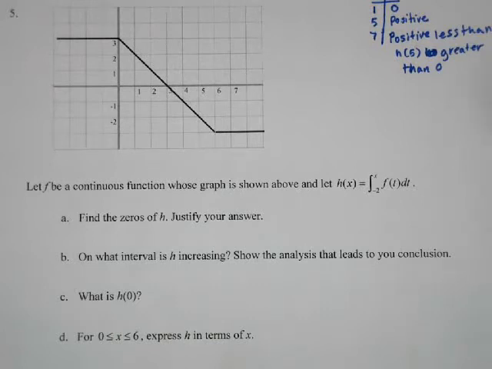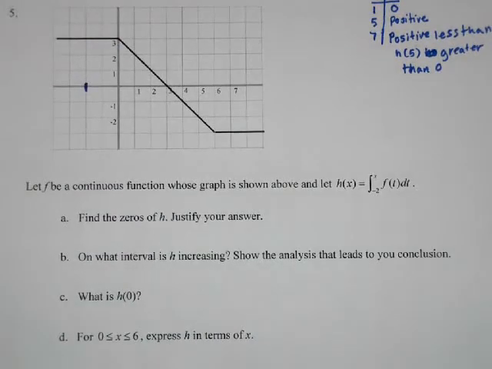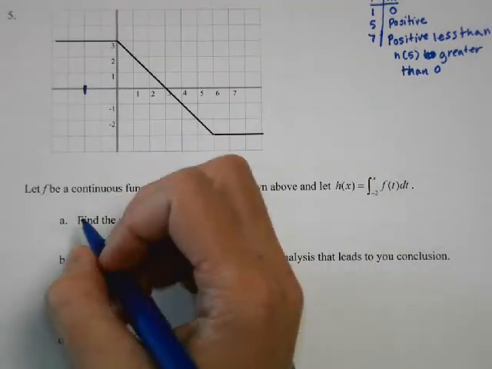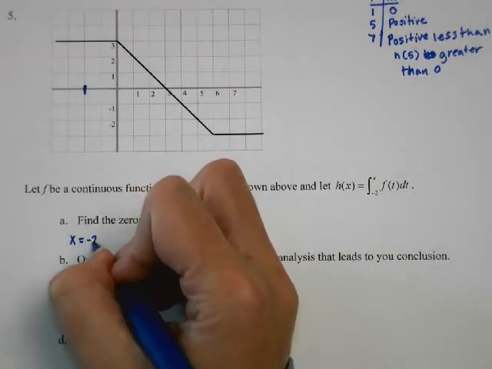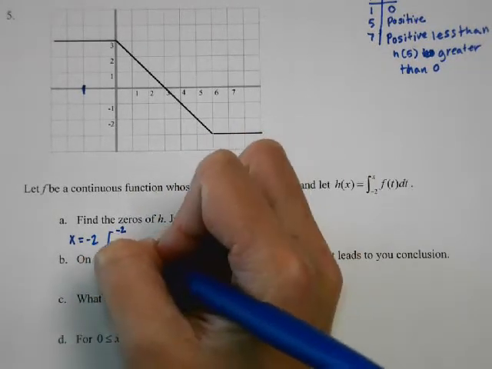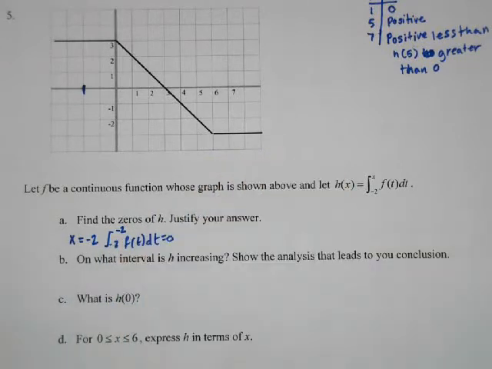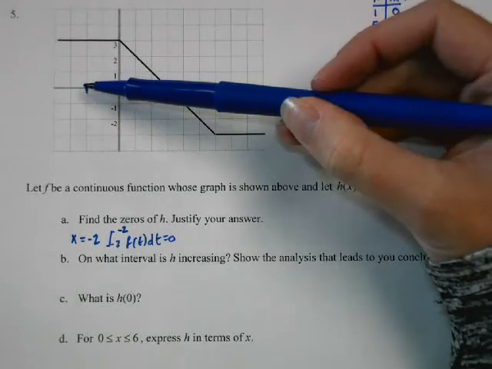Let f be a continuous function where the graph is shown. Let h be the integral from -2 to x. Find the zeros of h. The first obvious answer is -2, because the integral from -2 to -2 is 0.